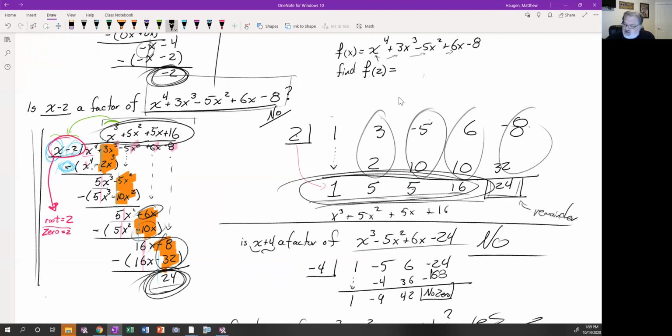Put up in the chat what you get when you evaluate that at 2. When you're done with that, or if you're done with that already, do it for f at 4.